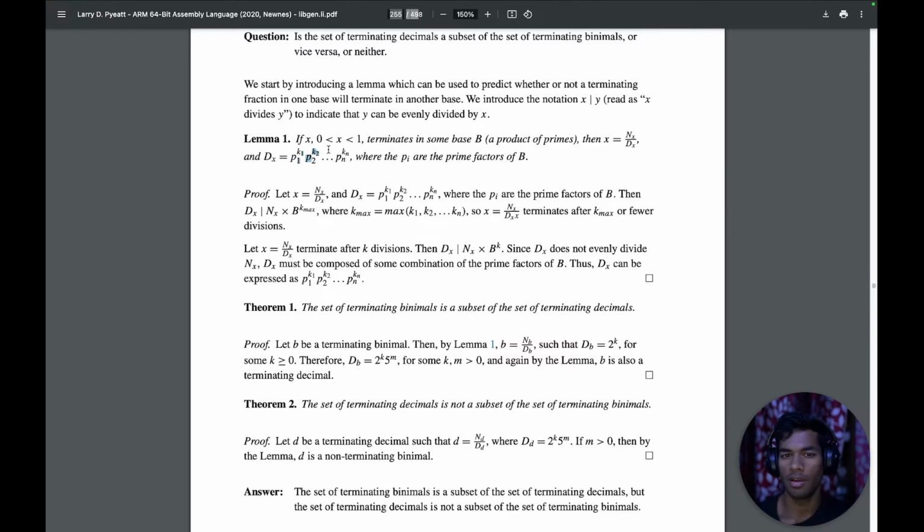Is it saying that there exists some k for which this thing is true? We also have not put a finger on the numerator maximum of the k's. So x equals nx upon dx.